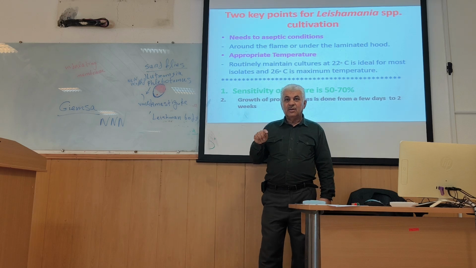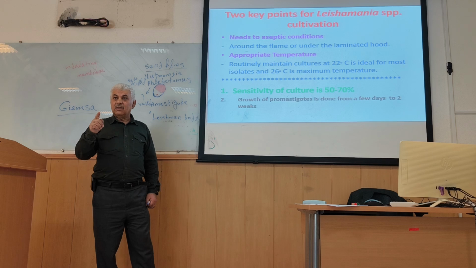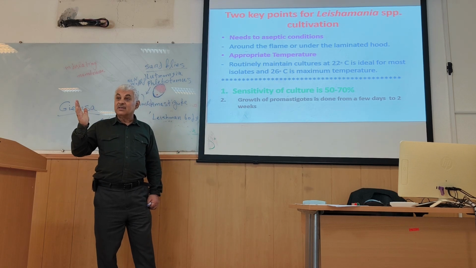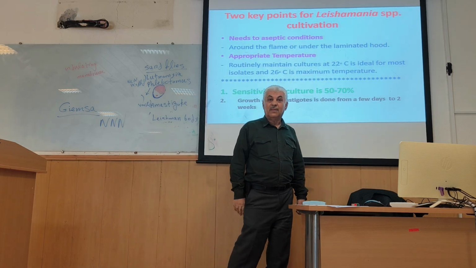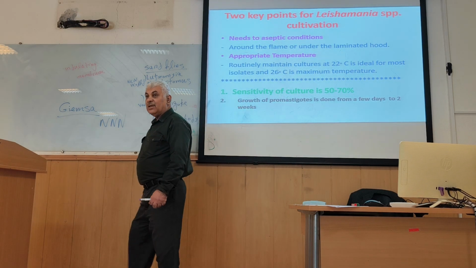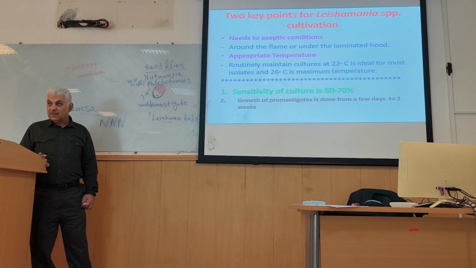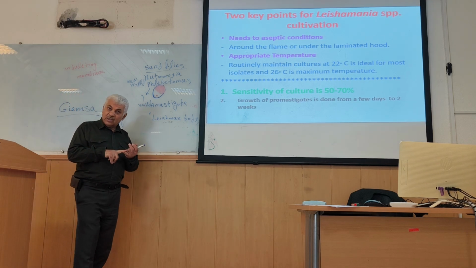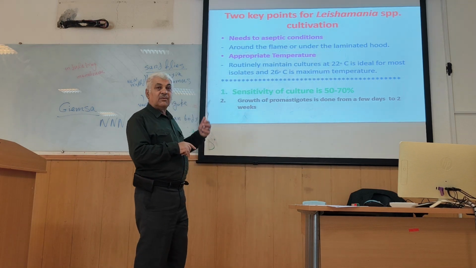All Leishmania can grow in culture at 18 to 26 Celsius, not 37 Celsius. 37 Celsius is used for bacteria. For Leishmania, 18 to 26 Celsius. These are the two key points: aseptic condition and appropriate temperature. It's very, very important for culture of Leishmania.